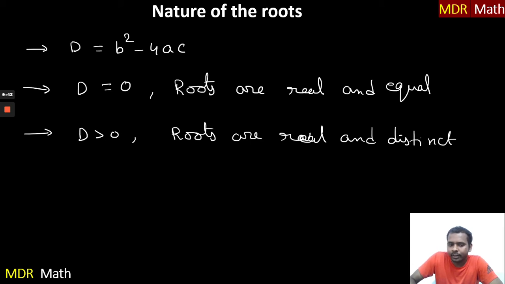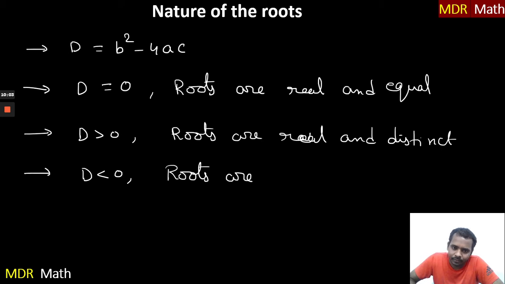If d is less than 0, that means when d is negative, we will see a negative value under the square root. So that will become an imaginary number. So the roots are imaginary.